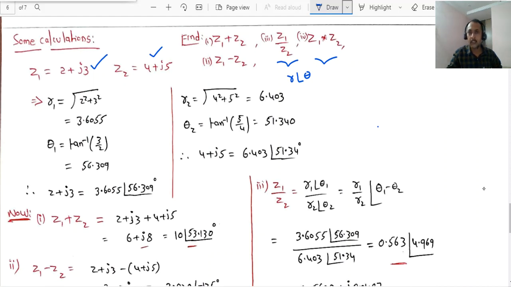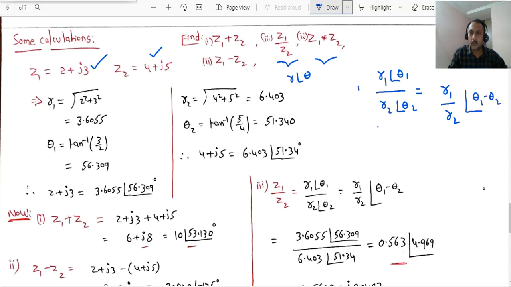Whenever we come across some division or multiplication, the polar form will be simple. Why? For example, the division of two polar numbers, r1 at an angle theta 1 divided by r2 at an angle theta 2. The answer is simple. R1 divided by R2 at an angle theta 1 minus theta 2.